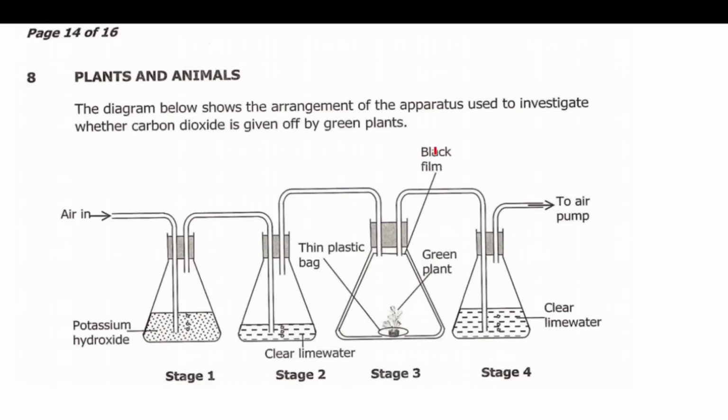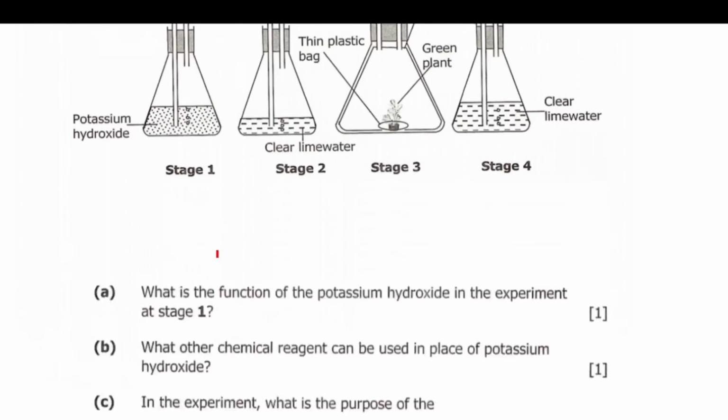Then we have this black film covering this conical flask. Then we have another delivery tube connected to another conical flask containing clear lime water, and also we have a delivery tube leading way out here. Let's continue.